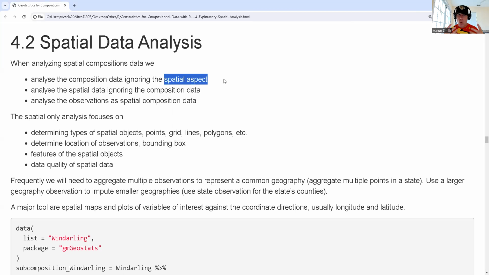That way I understand what's going on. I'm going to pretend I have no spatial components, and this will give me a better understanding of what's going on with my data. I'm going to analyze my spatial data, ignoring my composition measurements 100%. I'm just going to look at the points I have on the ground or in space or however it's set up, and just see what's going on, understand that, and then I'm going to look at the spatial composition data as a whole.